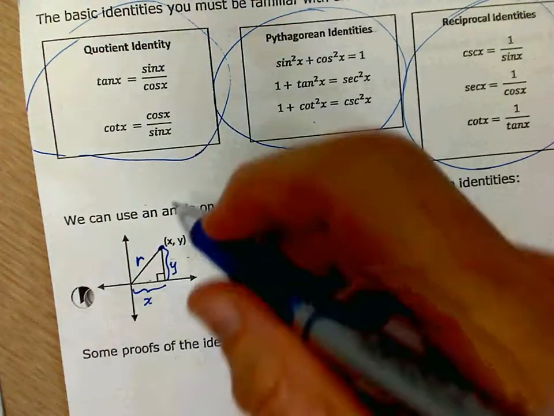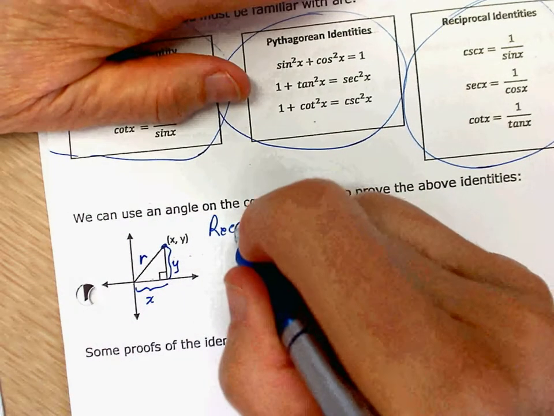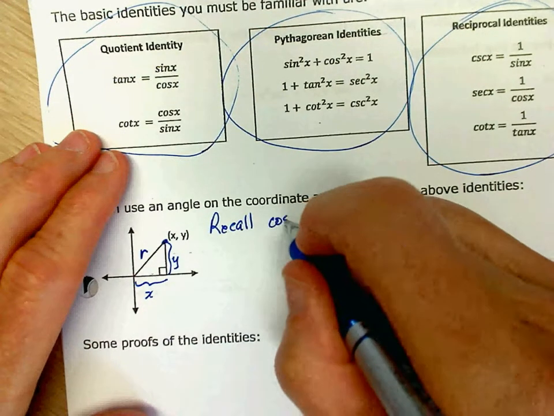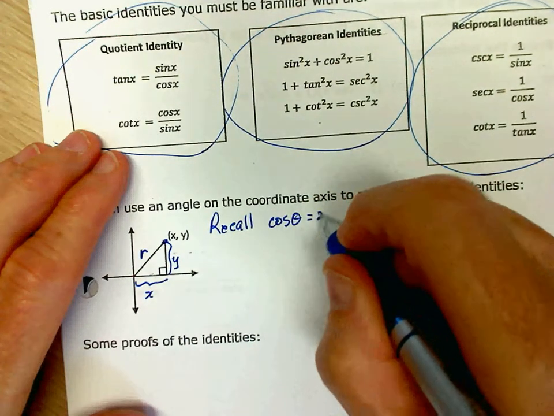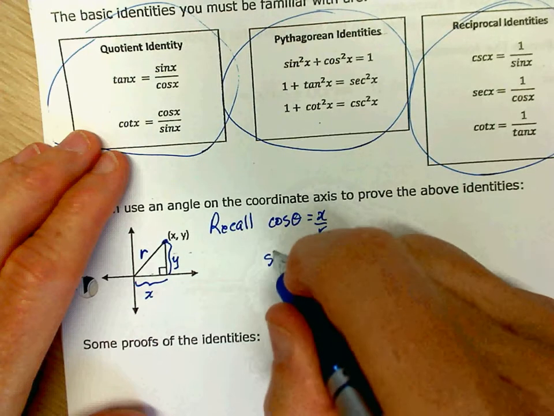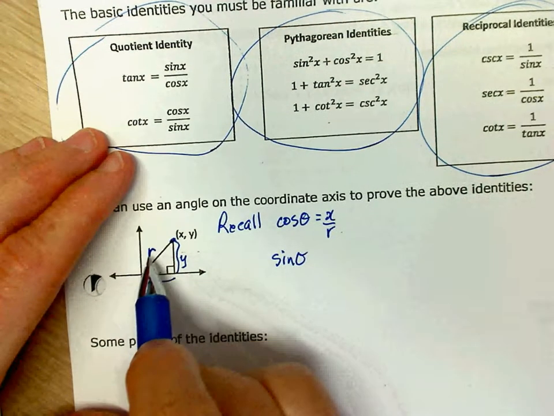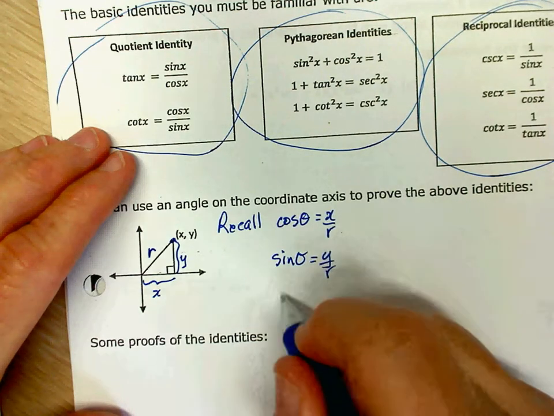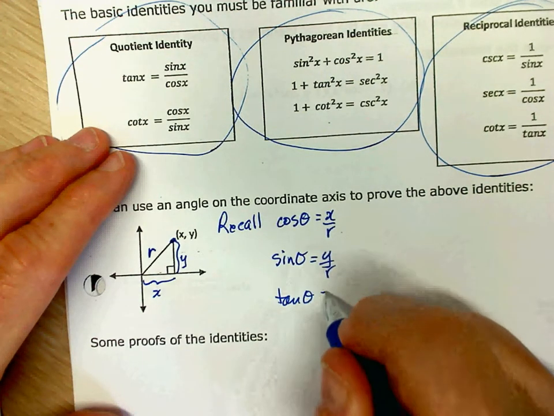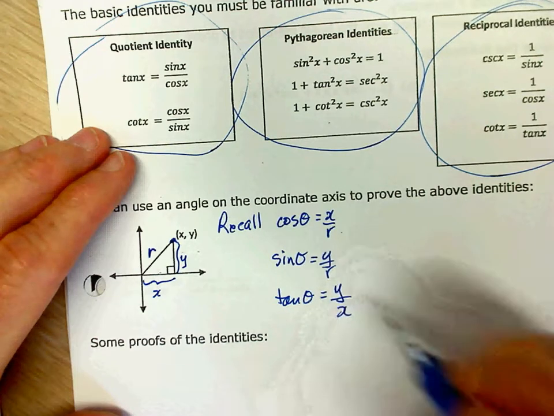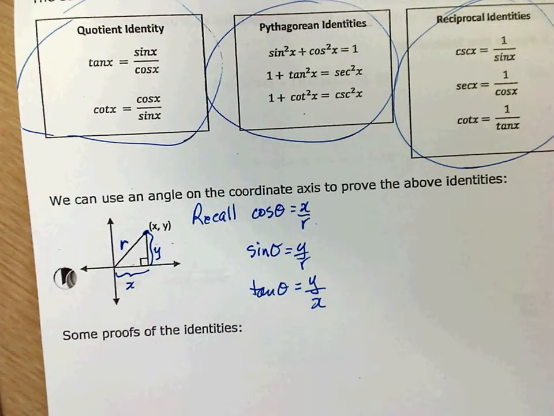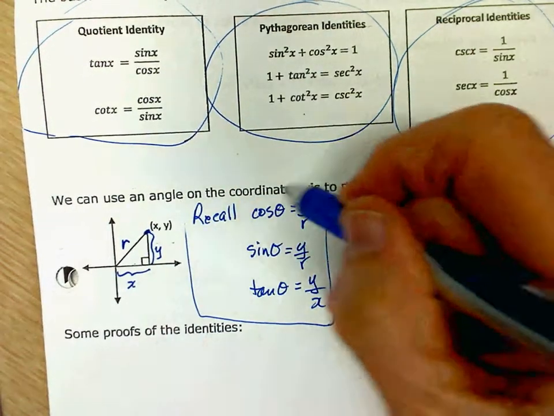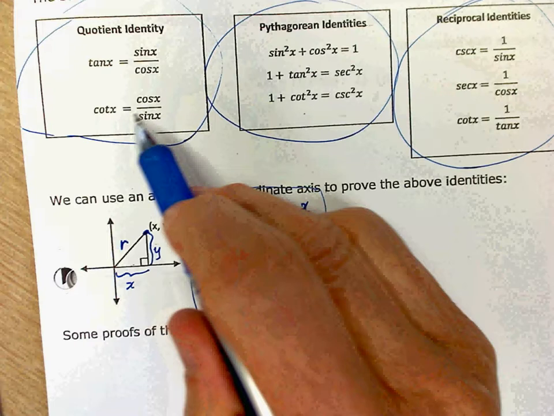Just recall that in the previous unit we defined cos theta as x over r, sine theta, opposite over hypotenuse, as y over r, and tan theta equals y over x. So far, so good?